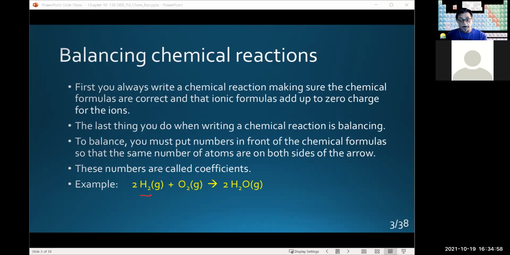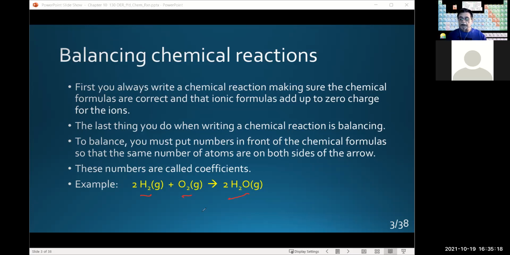There are only 7 elements that are diatomic. So this may be stated as, for example, the hydrogen gas in the presence of oxygen gas reacts to give you water vapor.